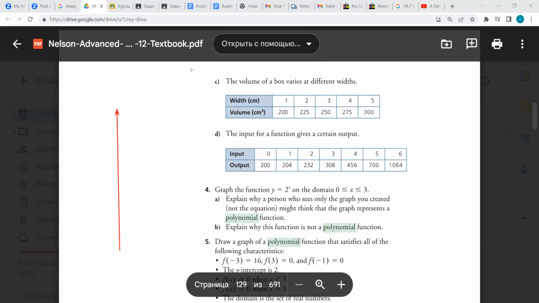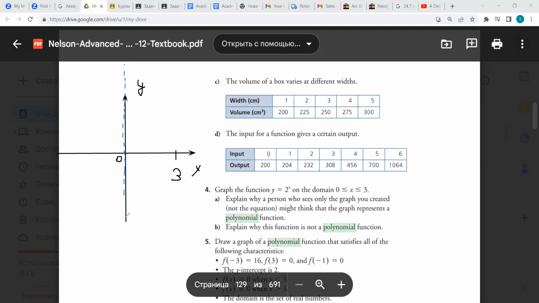Let's start with creating a coordinate axis, y-axis, x-axis, x and y here, and domain from 0 to 3. So 0 and 3. This is our domain. To mark my domain, I'll use 2 dotted lines.